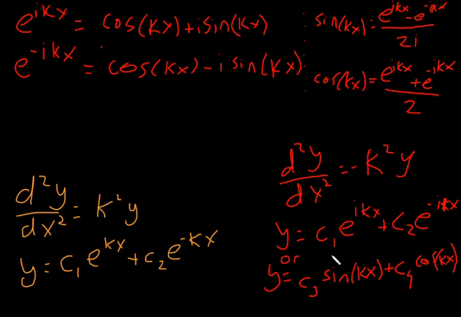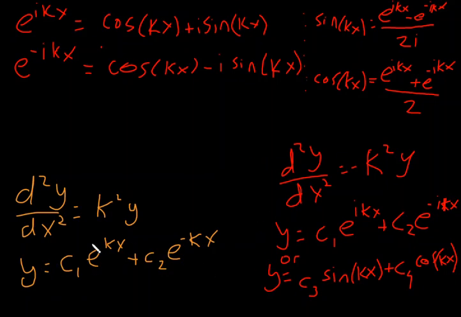If you don't believe me that these two are interchangeable, try doing the math by yourself and you'll see that you can express C3 in terms of a combination of C1 and C2. You can express C4 in terms of a combination of C1 and C2 as well. And the same thing vice versa. You can express C1 in terms of C3 and C4, and you can express C2 in terms of C3 and C4. This will make sense if you actually try to do the math, but if not, or if you've seen it before, you can just trust me on this.